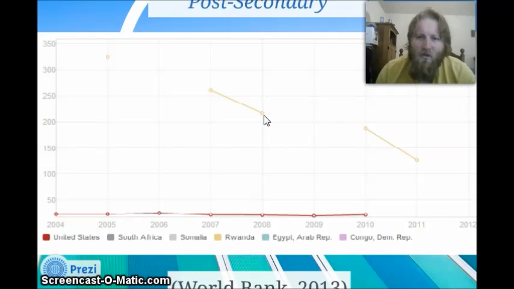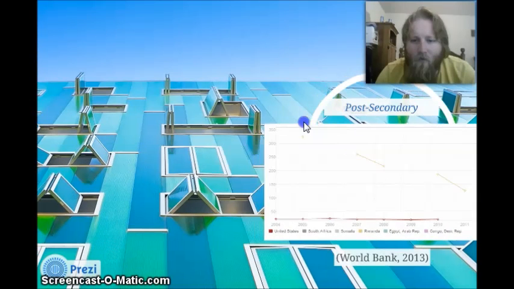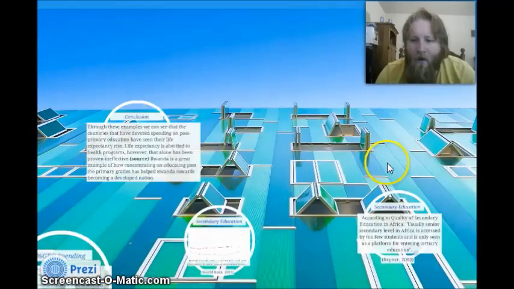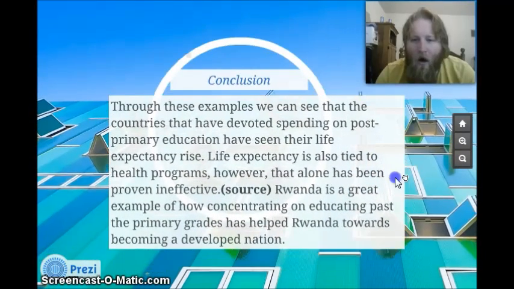So Rwanda isn't just spending money on building schools and teacher salaries. They're spending on making sure that they get an end product in their investment with these kids and making sure that these children eventually will give back to their community and to their nation. And that's from the World Bank as well.